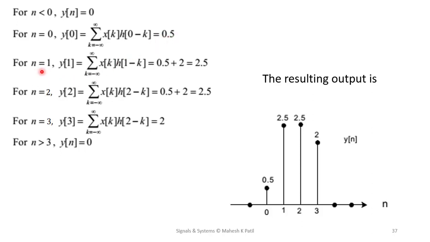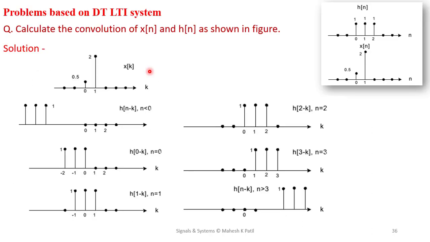Similarly, for n equal to 1, y of 1 can be written as summation x of k h of 1 minus k. So you can observe here, this is h of 1 minus k and this is x of k. Now observe the overlapping. For 0, this value is 0.5 and here for 0, this value is 1.